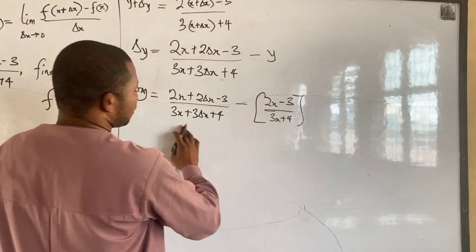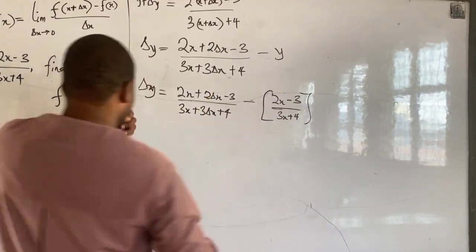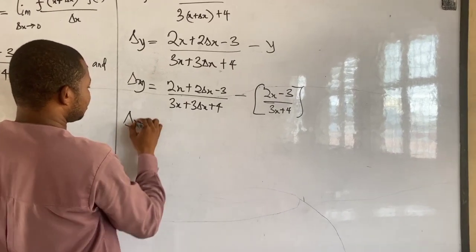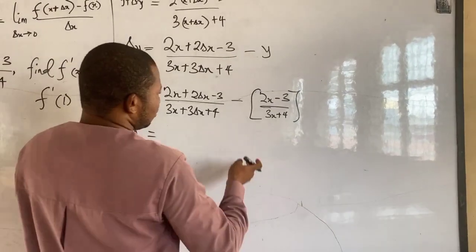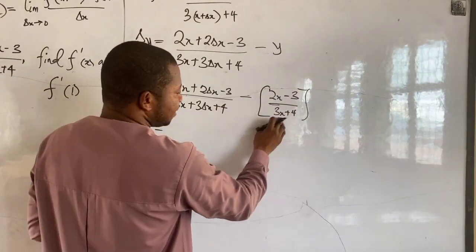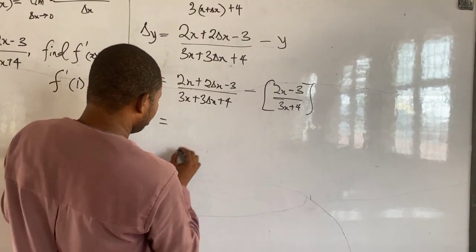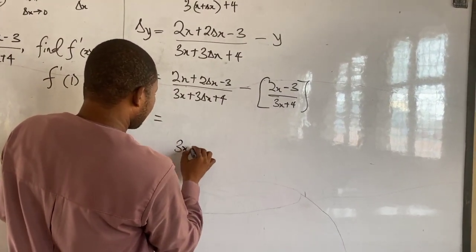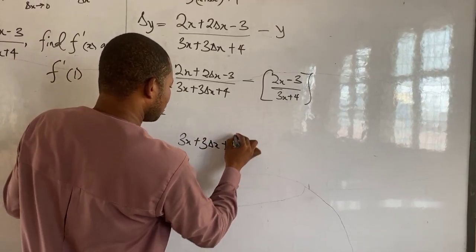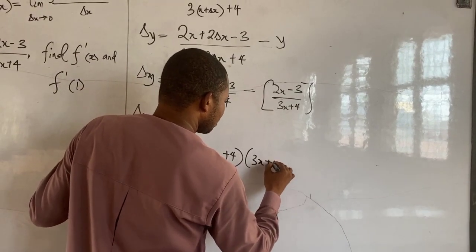So here now, we're going to find the LCM of this and this. So I'm going to have my change in y, which is this, is equal to. Now looking for the LCM of this and this, it simply means this multiplied by this. So that will give me 3x plus 3 change in x plus 4, then into bracket this, which is 3x plus 4.